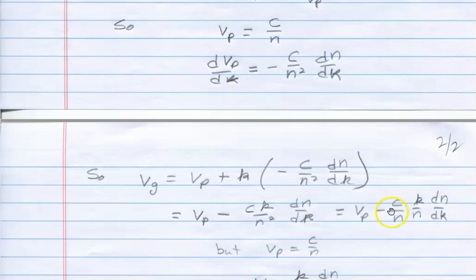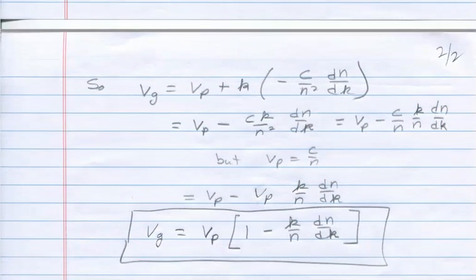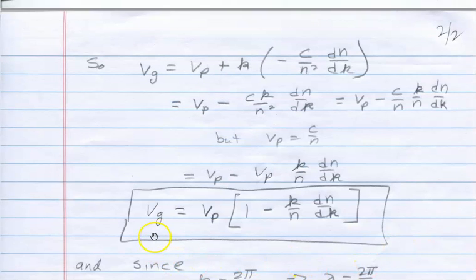And so I'll replace this c over n by the phase velocity, and then factor out the phase velocity. And so you find that the group velocity is related to the phase velocity depending on, the big factor is this one usually, and then you have a dependence on k and the index of refraction, and the dispersion, how the index of refraction varies with the wave number.